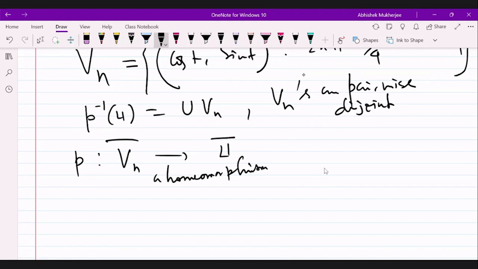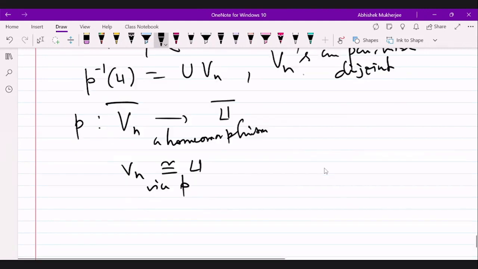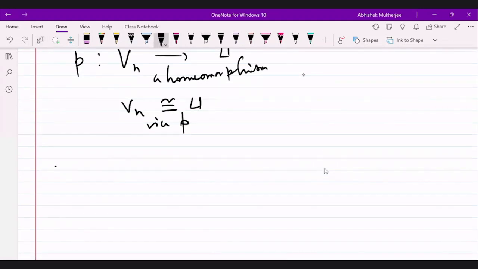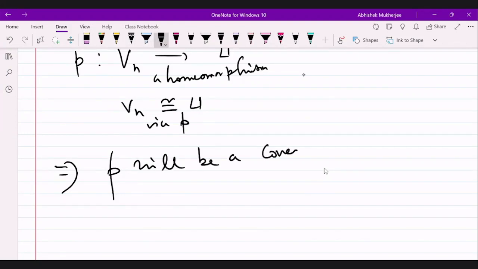That means Vn is homeomorphic with U via P. Using the same arguments for any other neighborhoods of S1, which will cover S1 entirely, you can show that those neighborhoods are also evenly covered by P. So this implies P will be a covering map.